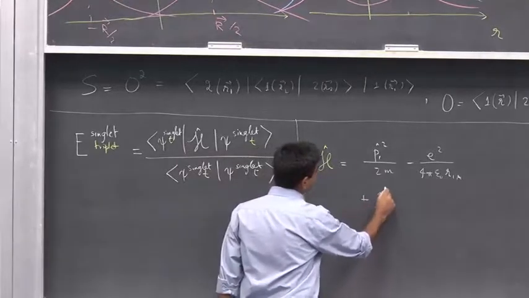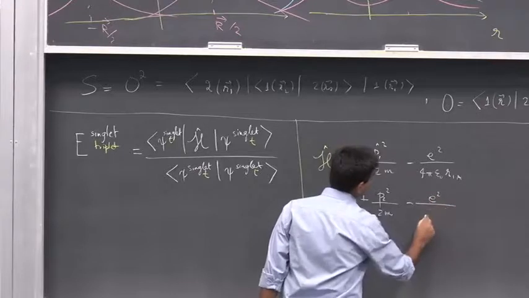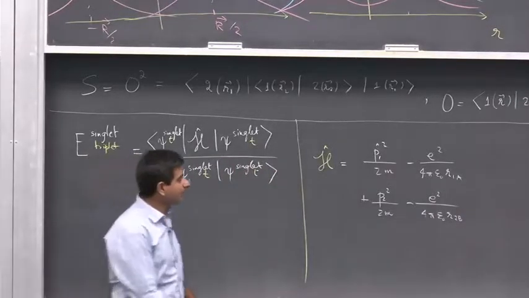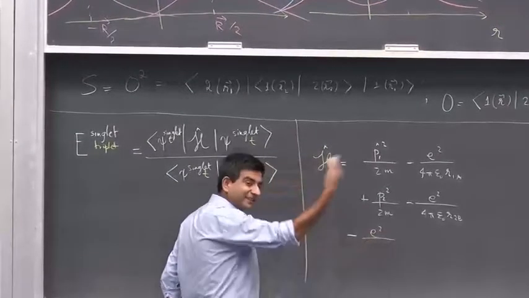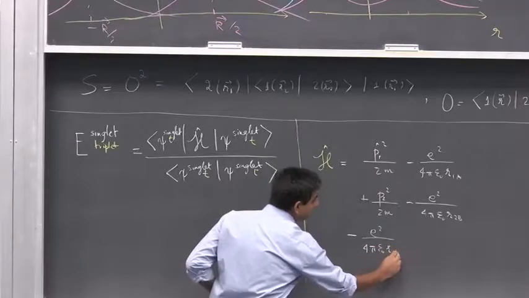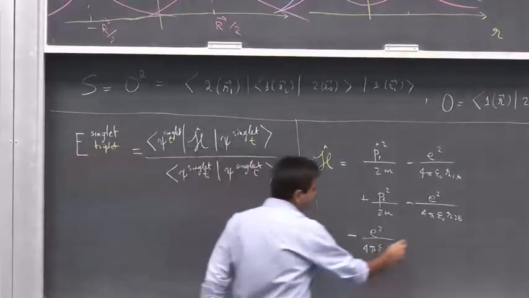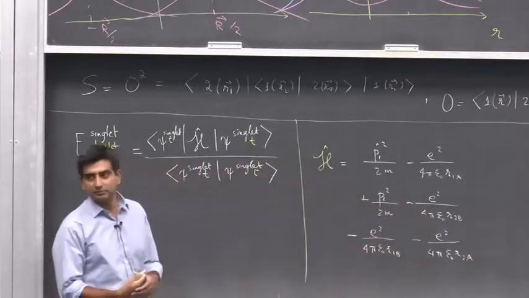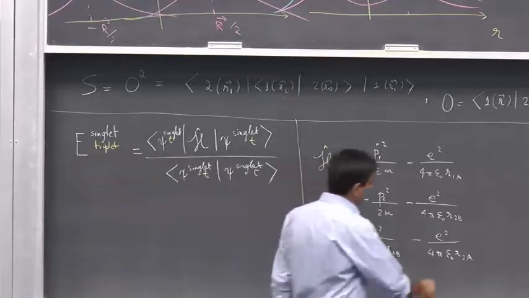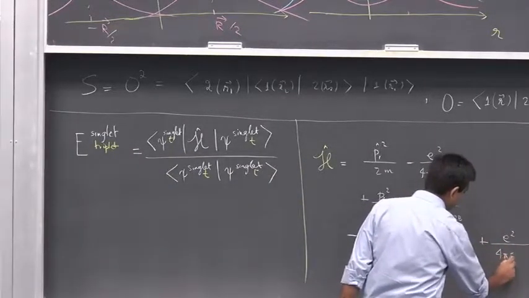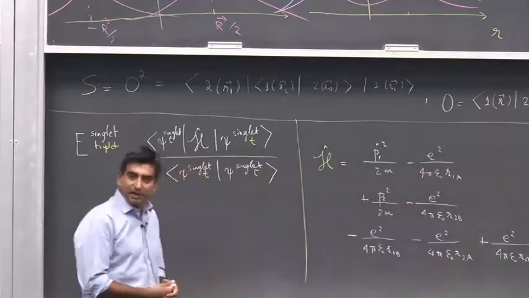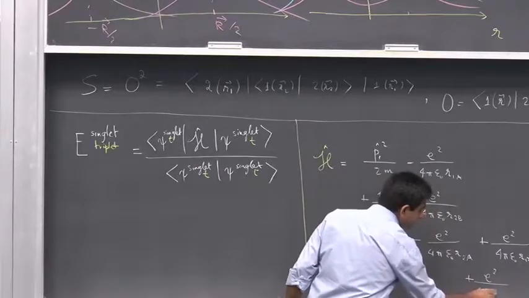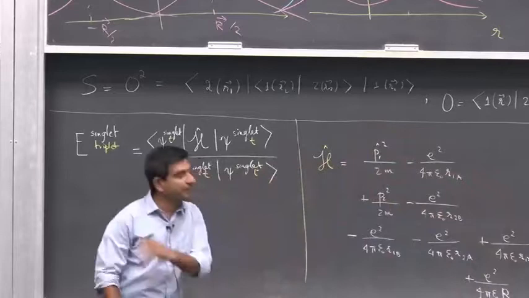Plus P2 square, the second electron, its attraction with nucleus B. Plus or minus 1 electron's attraction with the other nucleus, 4 pi epsilon naught R1B, minus the other electron's attraction to the first nucleus, R2A, plus the repulsion between the 2 electrons, let's call this R12, plus the repulsion between the 2 nuclei, let's call this capital R. So this is the complete Hamiltonian for the system.